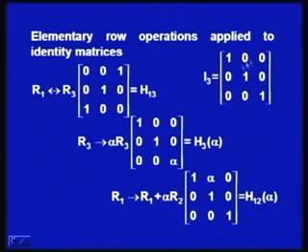When added into the first, it is 1 plus alpha and then 0. So, this operation is called H12 alpha, because alpha is a constant to be multiplied by the second row and added into the first. So, we have 3 different operations H13, H3 alpha and H12 alpha.